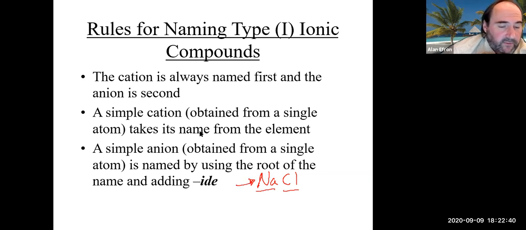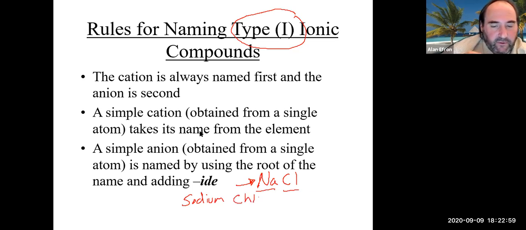Sodium is group 1, which means we know it always has the same charge. So that tells us that this is a type 1 compound. And that simply means that we just go whole name of the metal, which is sodium. The Cl is our non-metal, so it gets the IDE at the end of it. So chlorine becomes chloride.